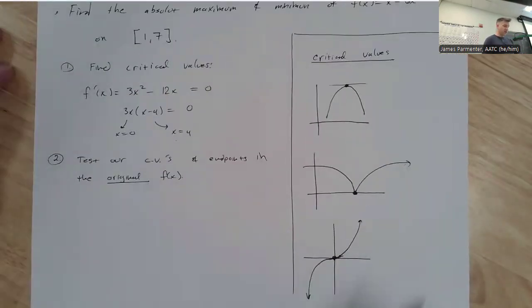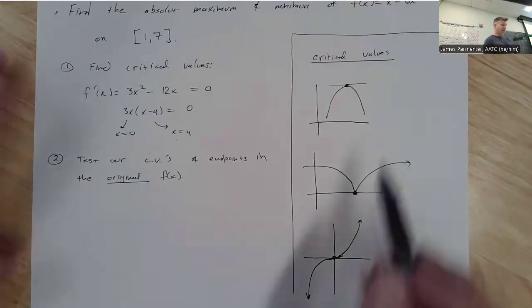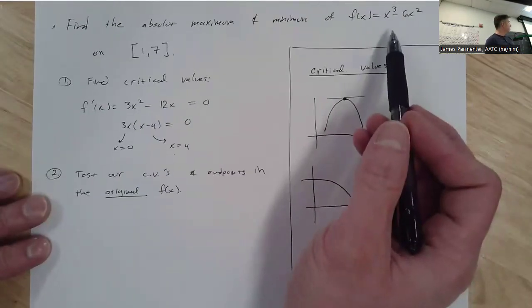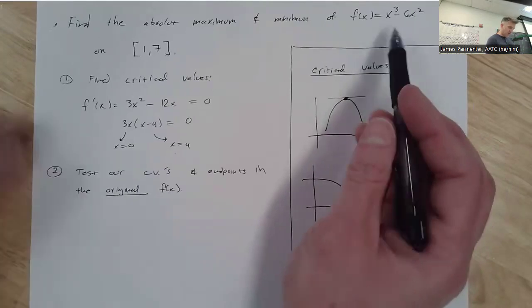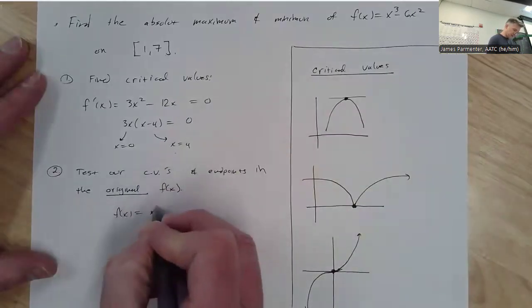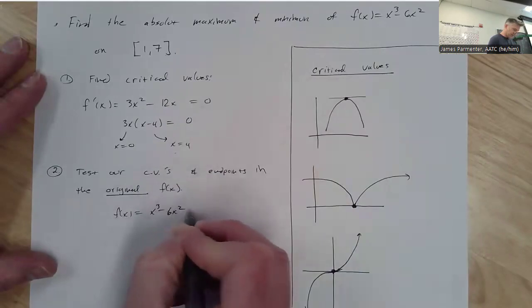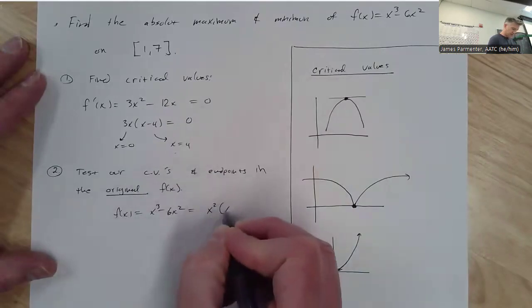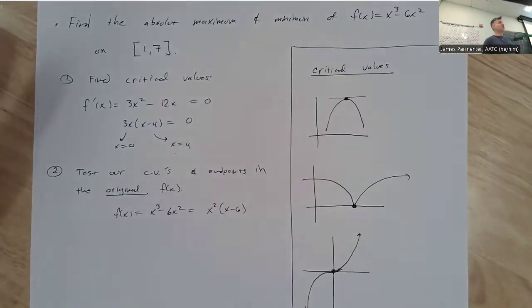So we're going to plug all those into the original function. I don't really like the idea of doing 7 cubed though. So instead I'm going to factor this and say, well, my f of x is really, instead of x cubed minus 6x squared, it's going to be easier to deal with if I think of it as x squared times x minus 6. If you're plugging values into a function, it's not a bad idea to factor it first.